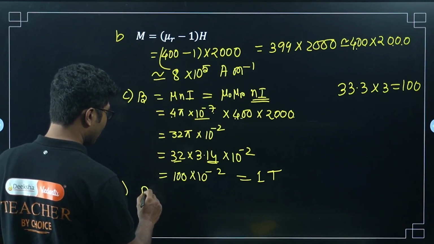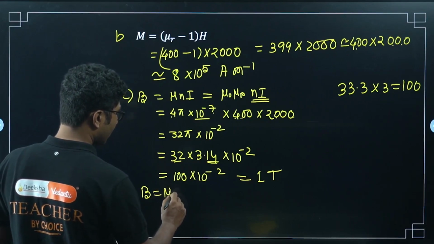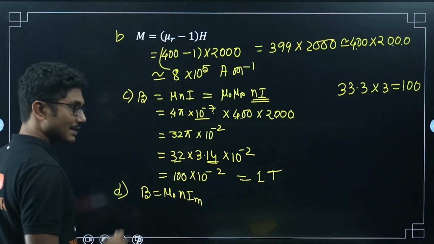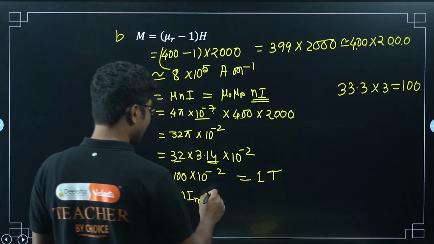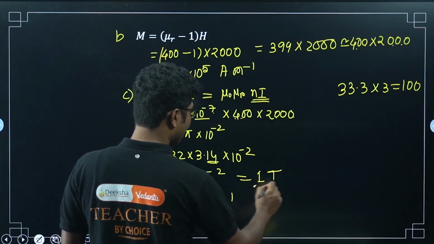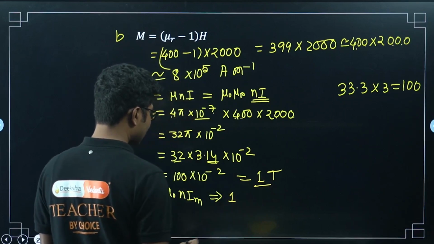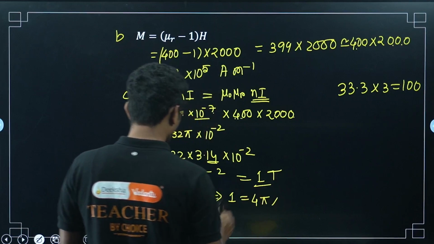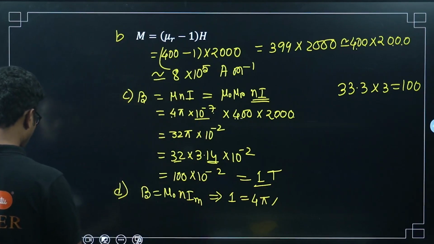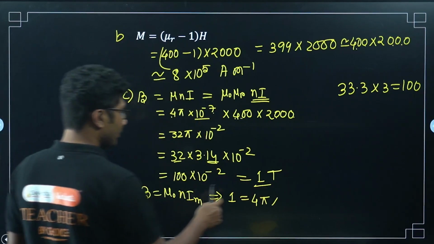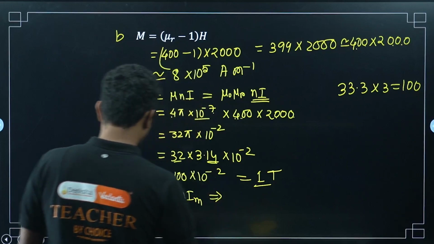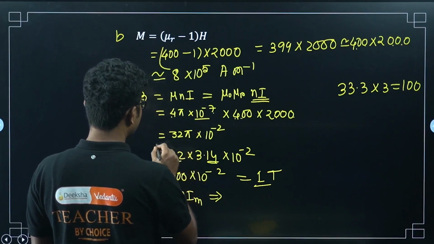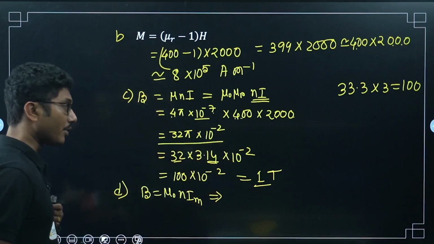So we know the formula, B equals mu naught Ni, and I am saying this is the magnetization current. Now what is B? B is 1 Tesla, we have already calculated. Let me use one more shortcut trick. The B we received was 32 pi times 10 to the power of minus 2.